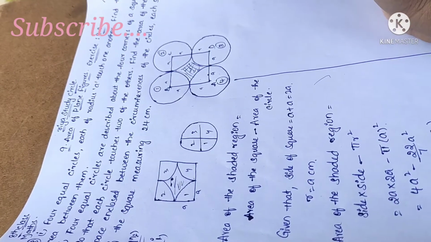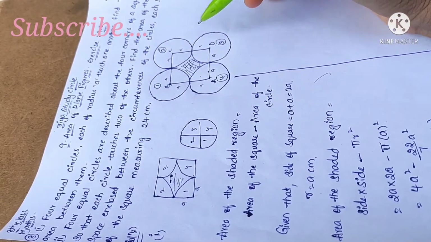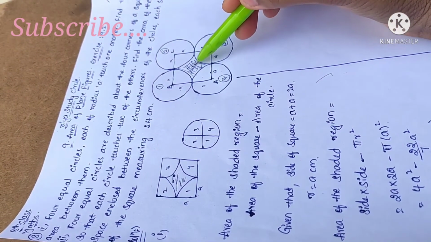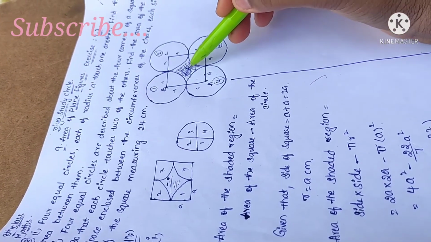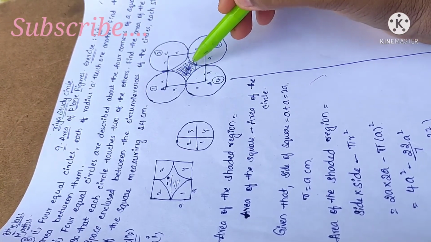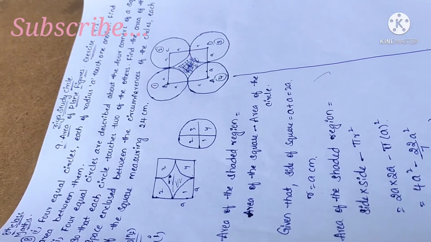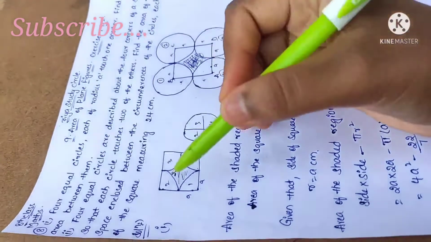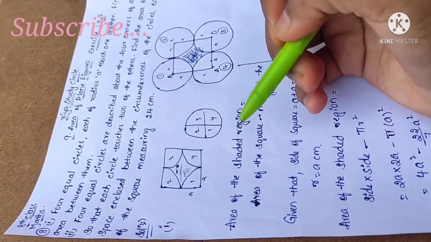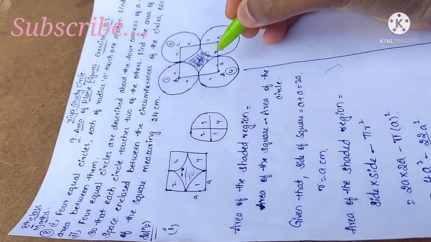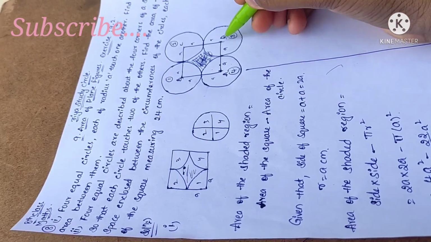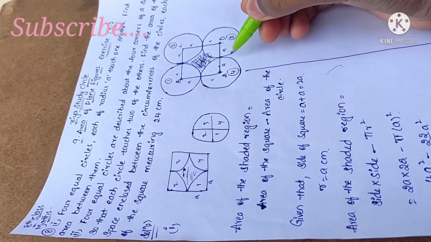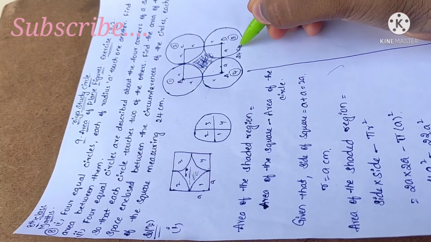Here they gave the side of the square as 24 centimeters, and we have to find the area of this shaded region only, the area enclosed between the circumferences of the circles, which we already solved in the first bit.